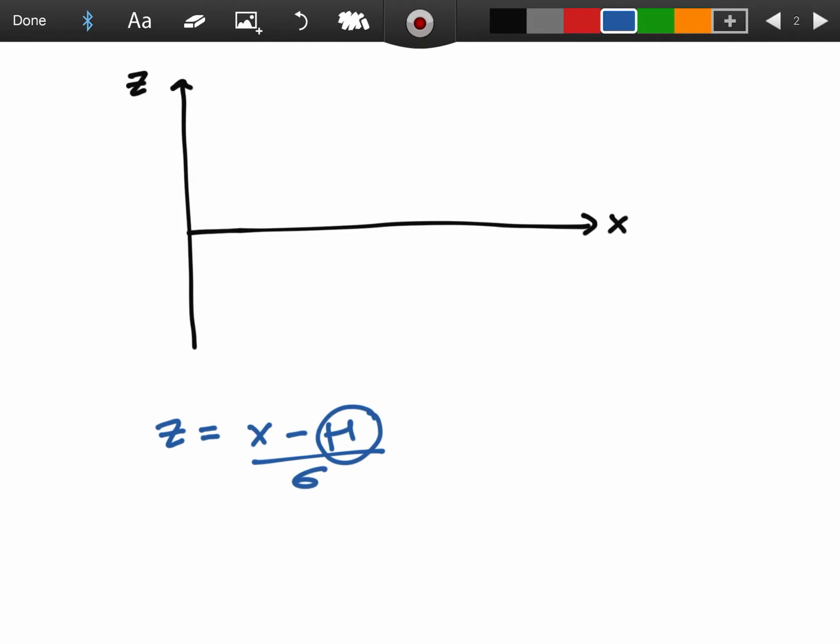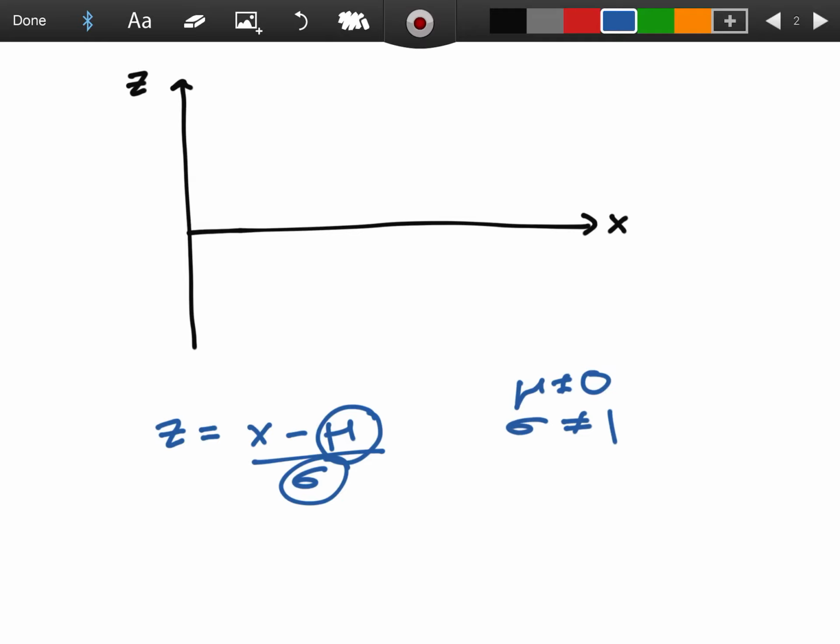If I did this with every single one of my data points x, the z values that I get out then had a mean of 0 and a standard deviation of 1. That's why we did this z-transformation, because we started out with our data points x having a normal distribution with some random mean mu, which wasn't equal to 0, and some random standard deviation sigma that wasn't equal to 1.